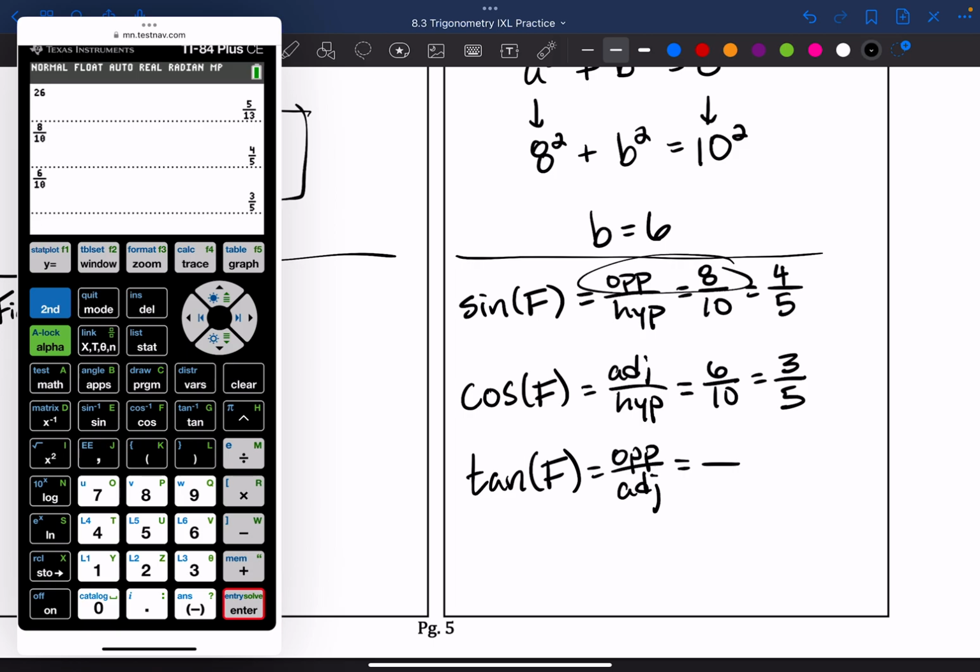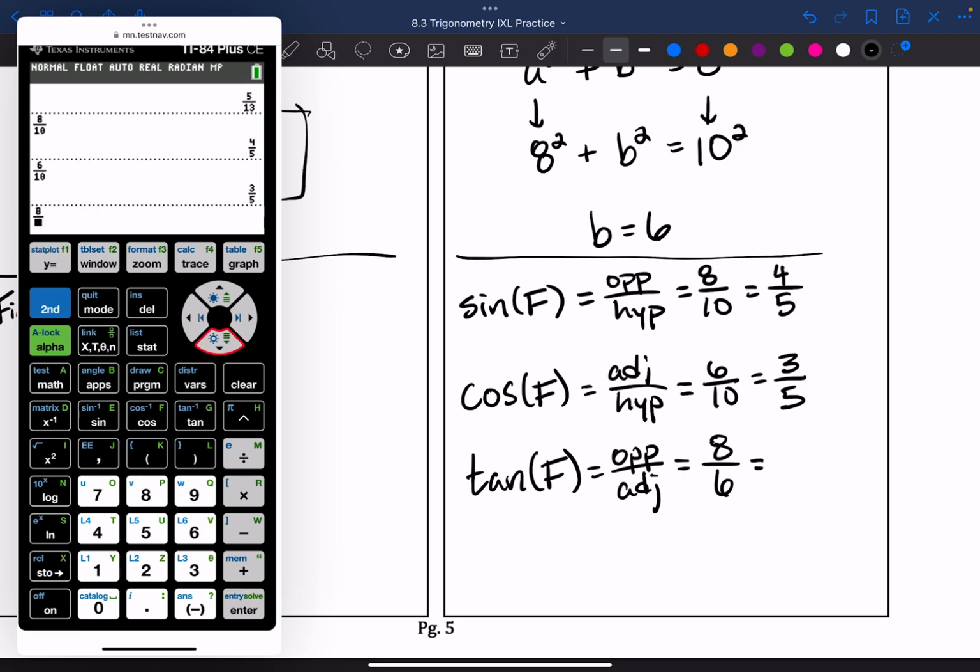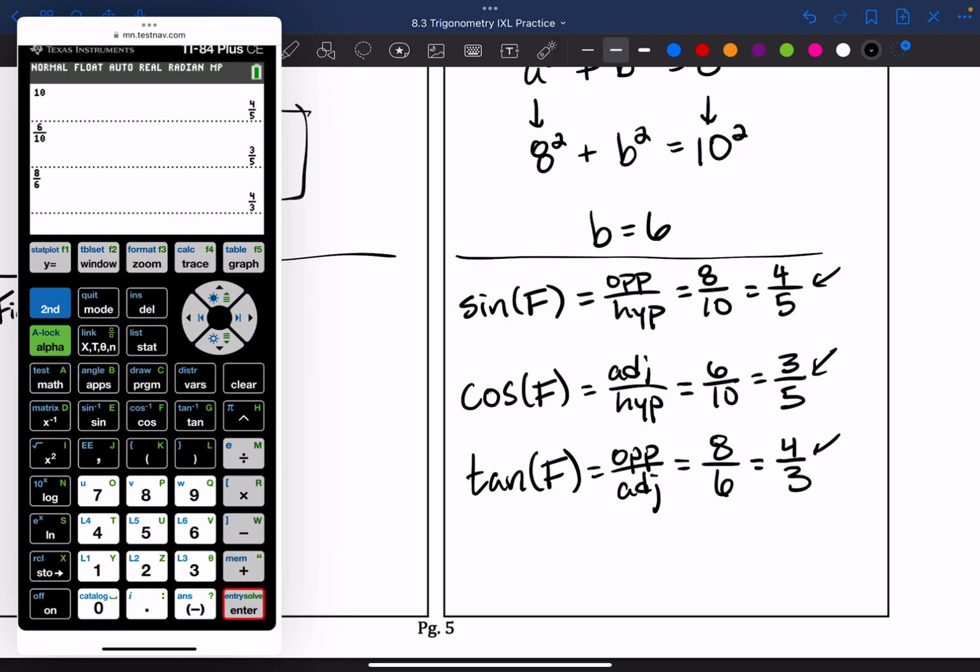It was 8. And my adjacent was 6. So I can reduce this down. 8 over 6, press enter, 4/3. So I would put in these values when I would be answering the question.